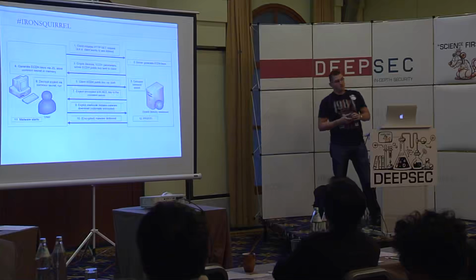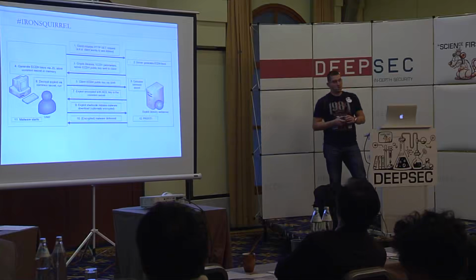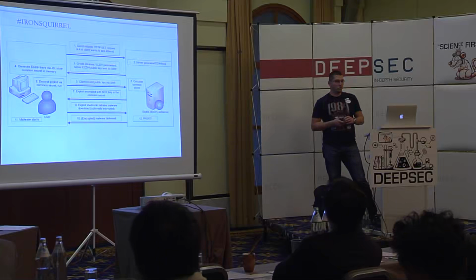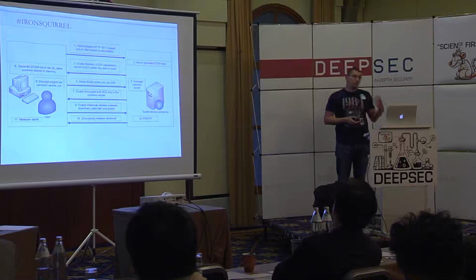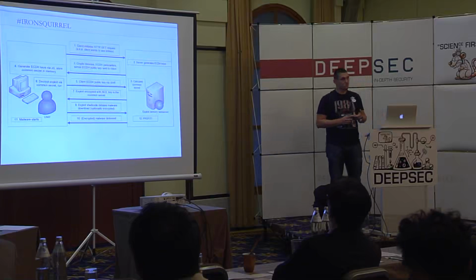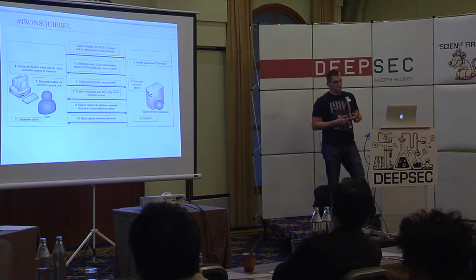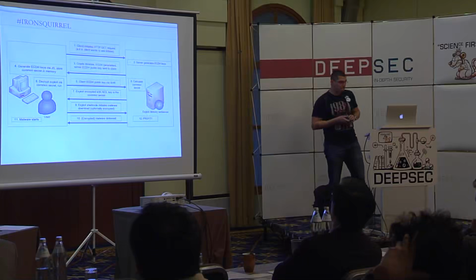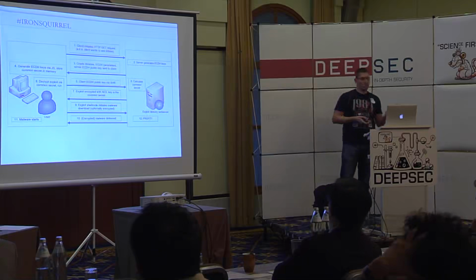In the second step, the server generates the elliptic curve Diffie-Hellman key parameters, and it generates its own secret key. So in the third step, the server sends back to the client some crypto libraries in JavaScript and all the common parameters for the elliptic curve Diffie-Hellman encryption. It also sends back the server's public key, because it was just generated. And all of this is sent to the client.